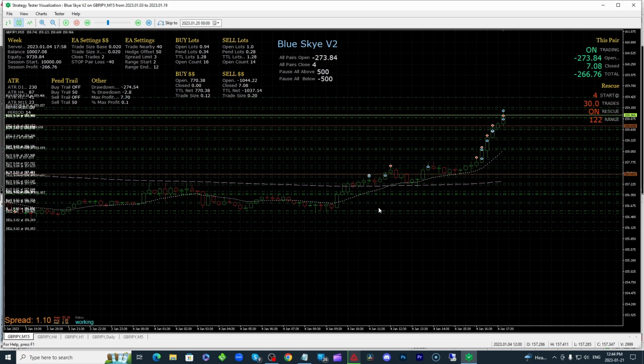We would be okay if pending sell orders were placed quite far away as a kind of hedge. That's fine. But continuing to place live sell orders at this point is really not helping, and as we can see, we're in trouble.